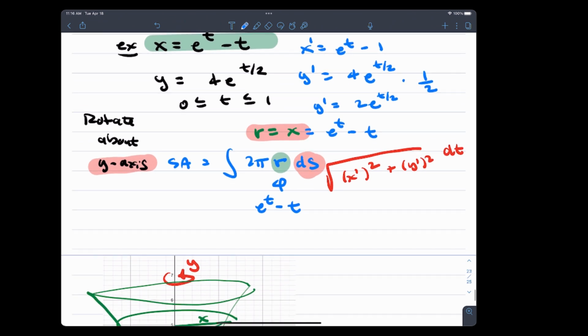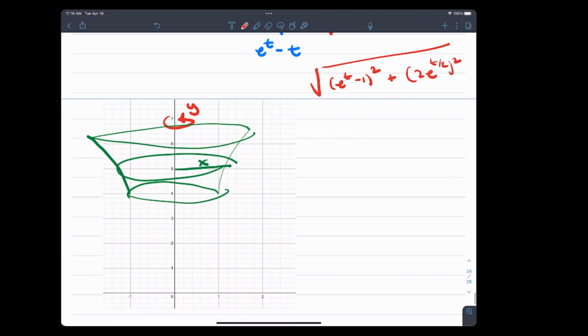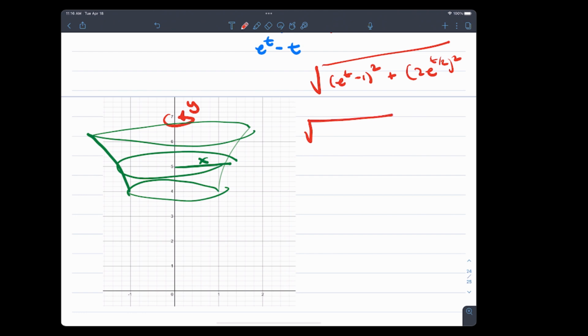So now, square root, e to the t minus 1 squared plus 2e to the t over 2 squared. Ladies and gentlemen, this is where our work's going to be, right? So we got square root now. Let's do some work here. e to the t minus 1, e to the t minus 1, plus that's going to be 4e to the t.